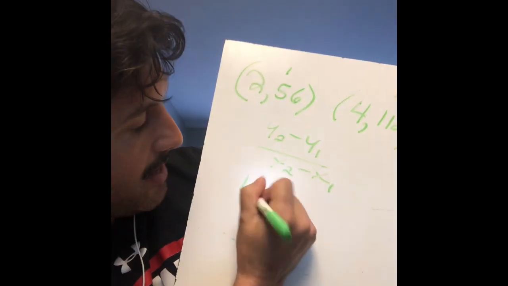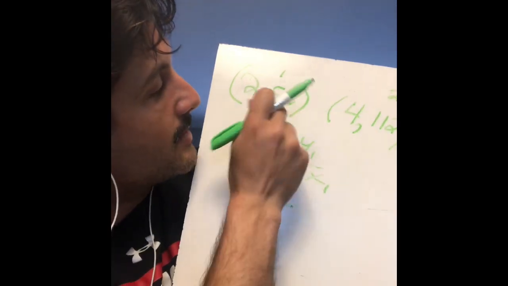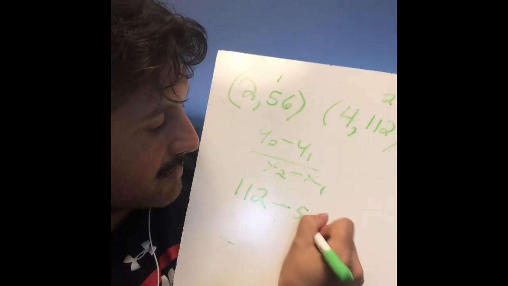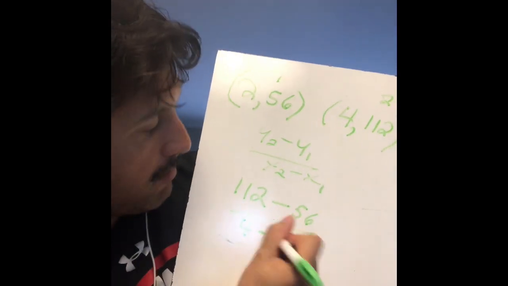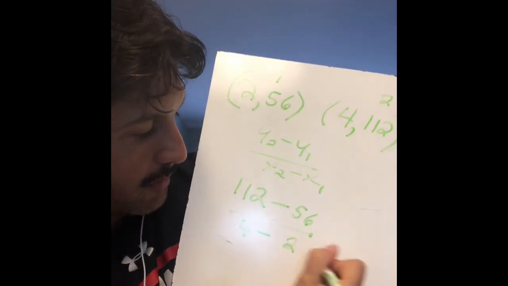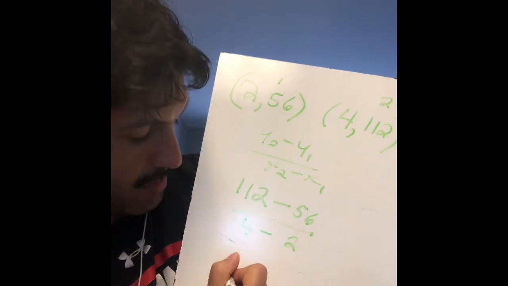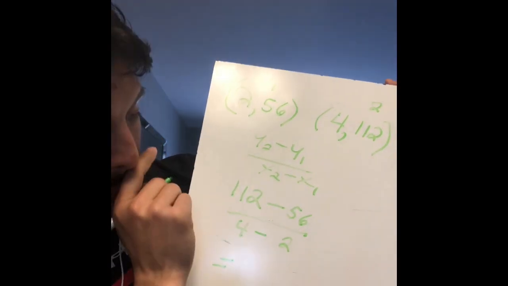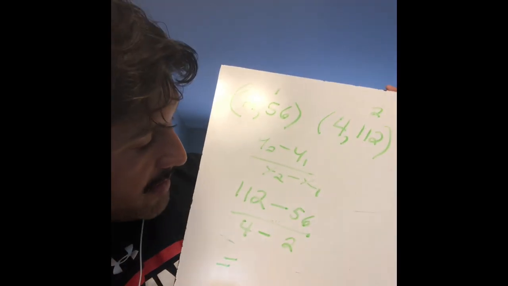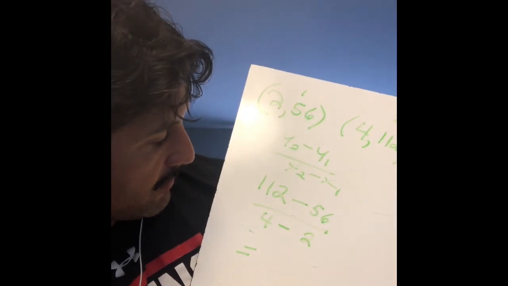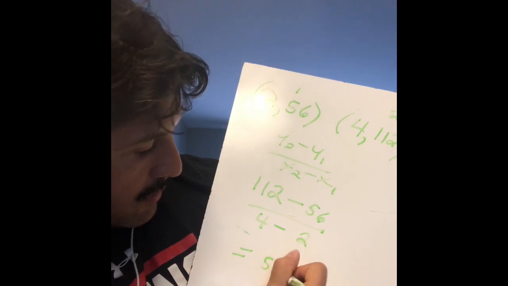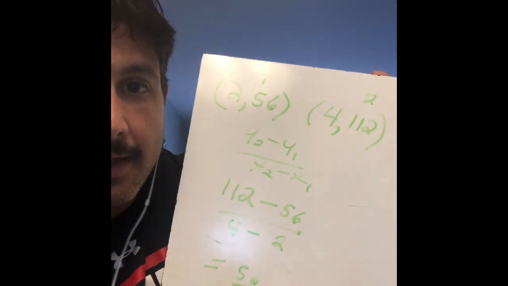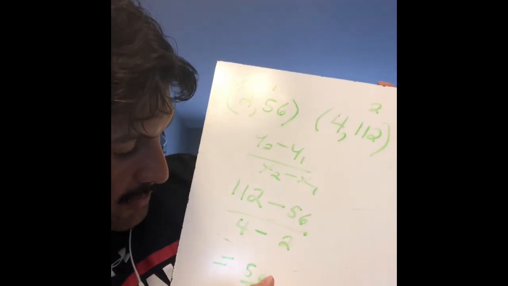So I'm going to write that down, 112 minus 56 over 4 minus 2. That is equal to 112 minus 56, which is 56, and 4 minus 2 is 2.